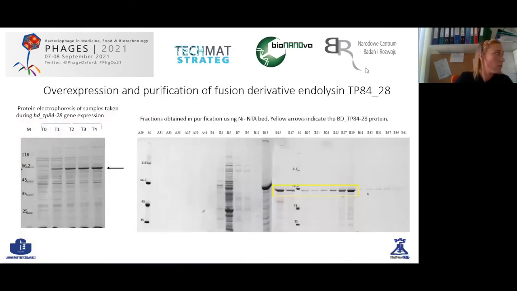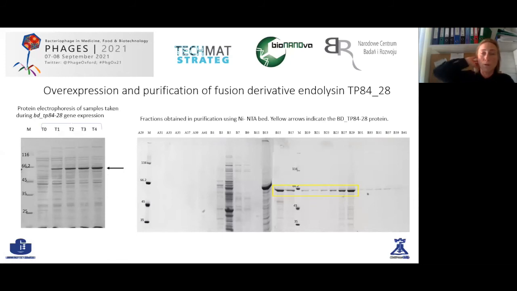Clones were grown in LB medium with ampicillin to optical density 0.8, and samples were collected after induction and analyzed on SDS-PAGE, as you can see on the picture on the left side.